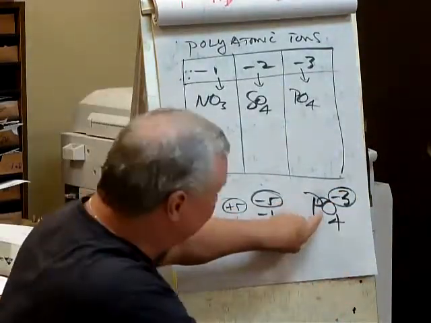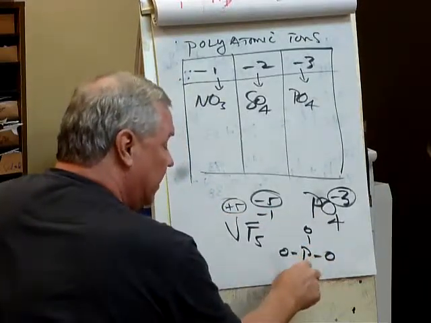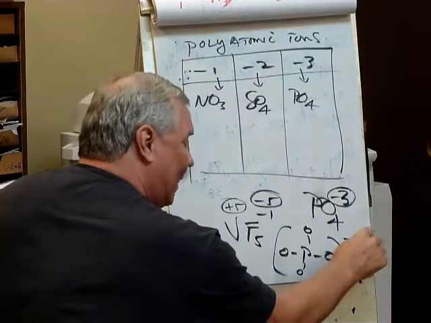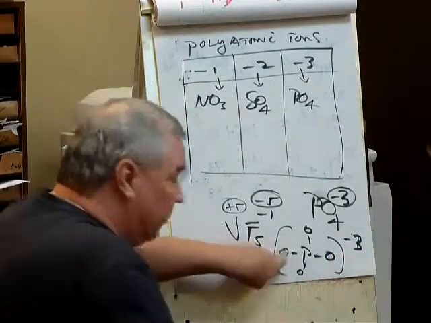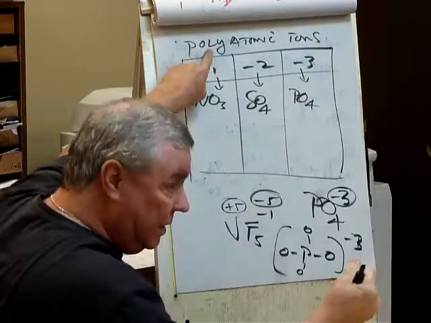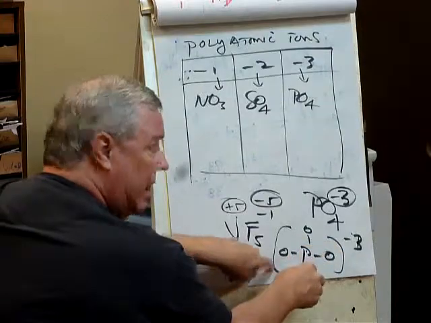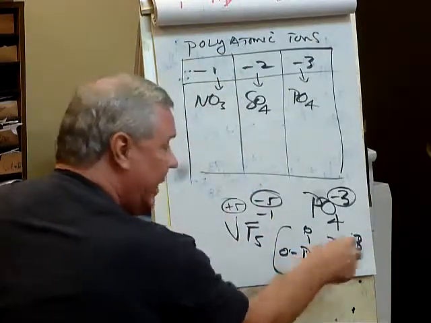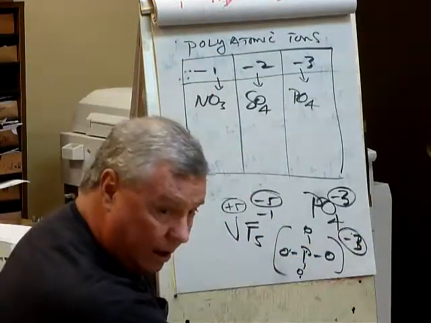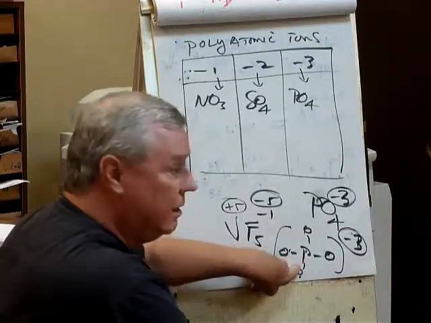So if you have a P hooked up with 4 O's, they're a -3 complex. This is called a polyatomic ion because there are many atoms in the ion, and they're always nonmetals.